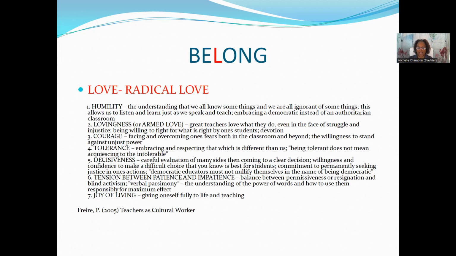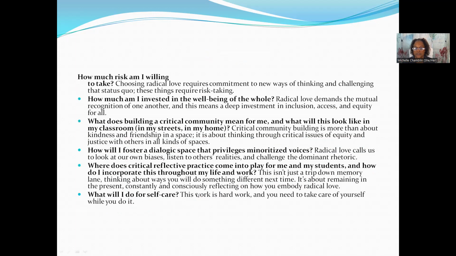So we have that, and then look at the joy of living, giving oneself fully to life and teaching. And so some of the questions that we ask when we are looking at radical love to reflect: choosing radical love requires commitment to new ways of thinking and challenging the status quo.